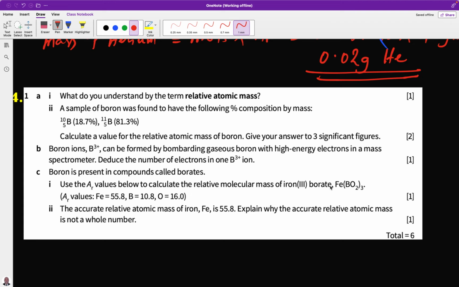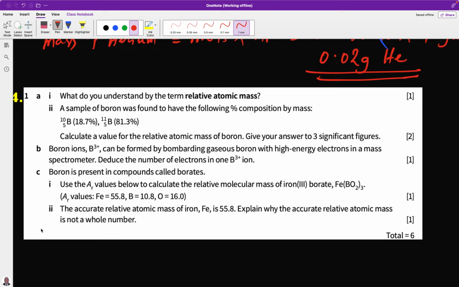I can still say the relative atomic mass is the average mass of naturally occurring atoms of an element on a scale where the carbon-12 atom has a mass of exactly 12 units. Once more, the relative atomic mass is the average mass of naturally occurring atoms of an element on a scale where the carbon-12 atom has a mass of exactly 12 units.